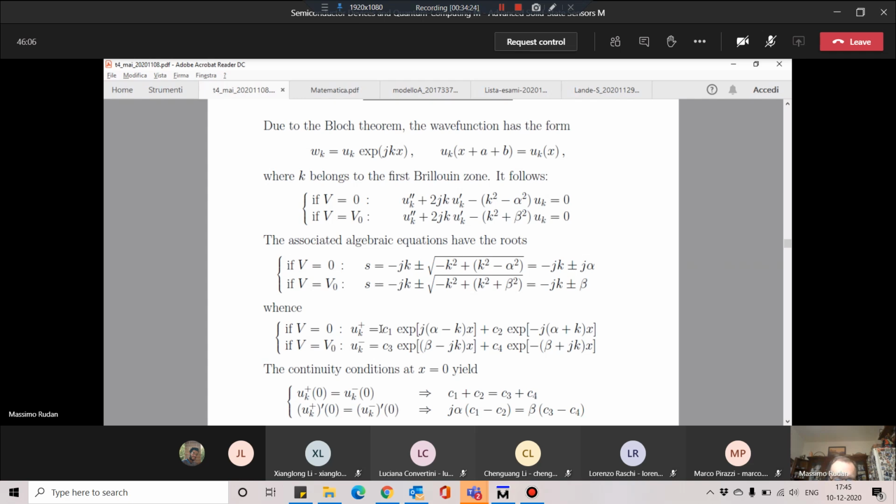However, we are not able to find the 4 unknowns because the algebraic system is homogeneous, okay? So as usual, we shall be able to find the ratio of 3 of the 4 parameters, C1, C2, C3, and C4 with respect to the fourth.